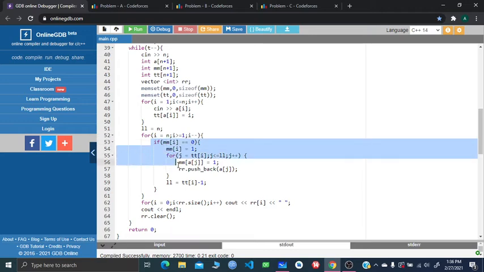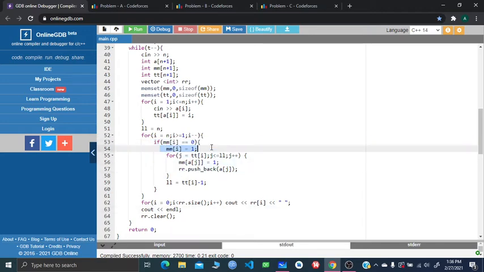Now I say yes, this is not used yet. If it's not used yet, make it usable by marking it equal to 1. This LL initially is equal to n because initially every value is available.